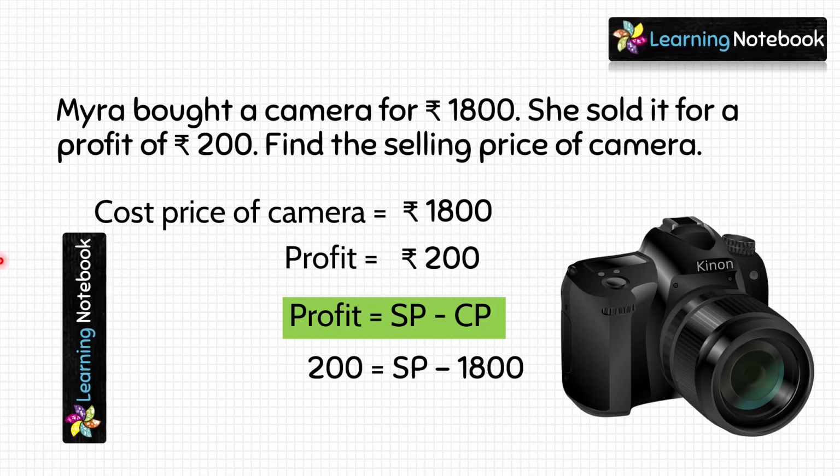Now to calculate the selling price, we will shift 1800 to the left hand side and thus its sign changes from negative to positive. So we get 200 plus 1800 equals to SP.